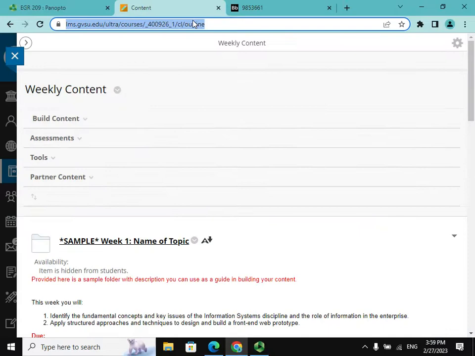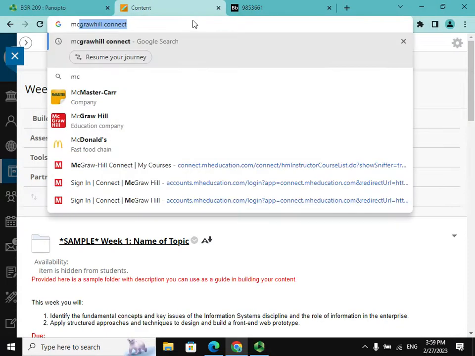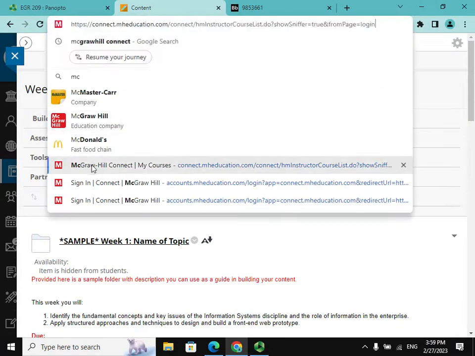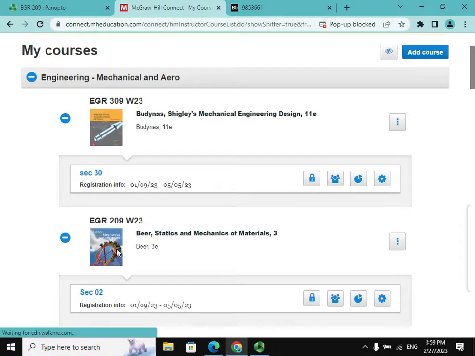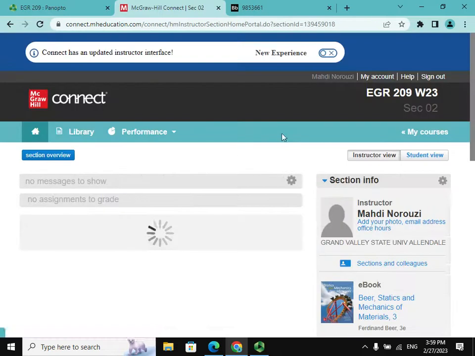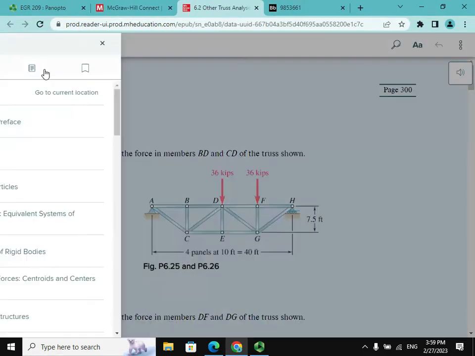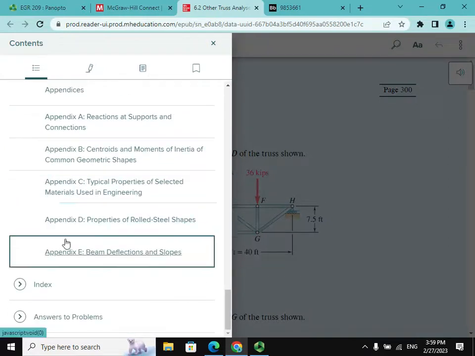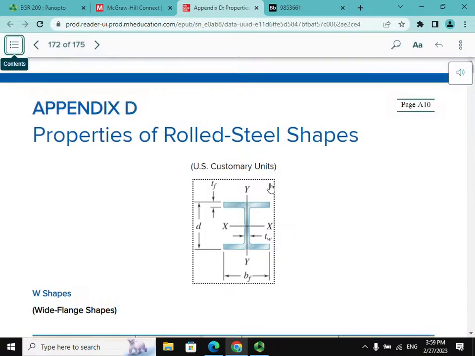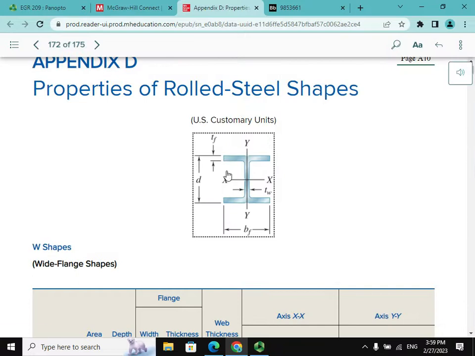If you look at the end of your book, there are popular shapes like an I-beam.